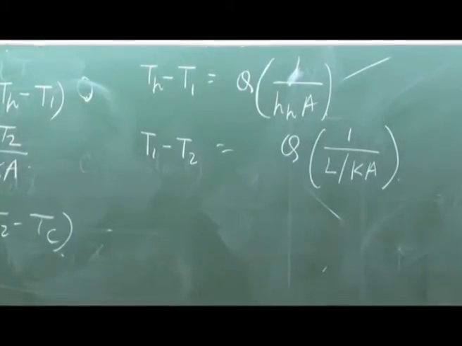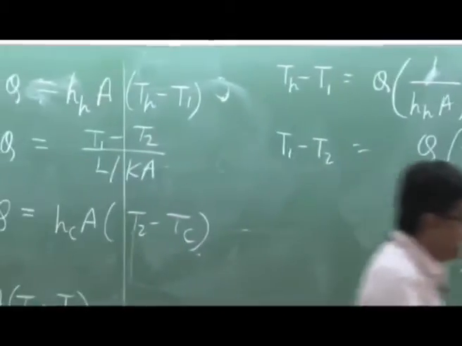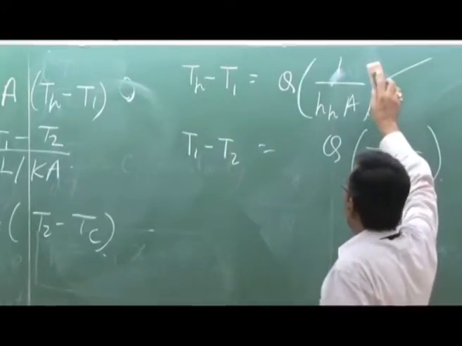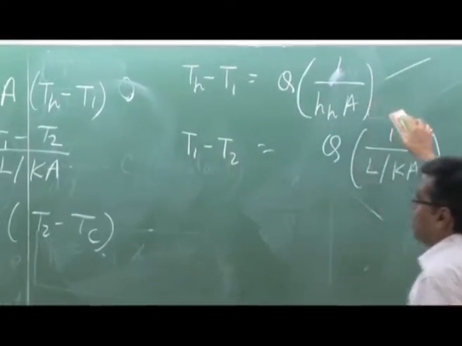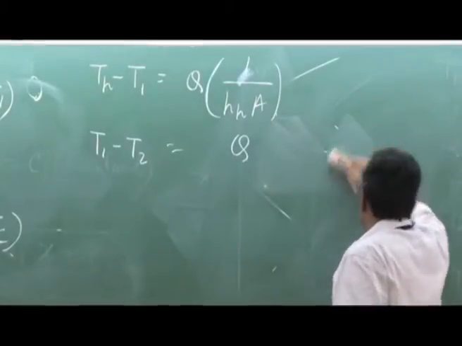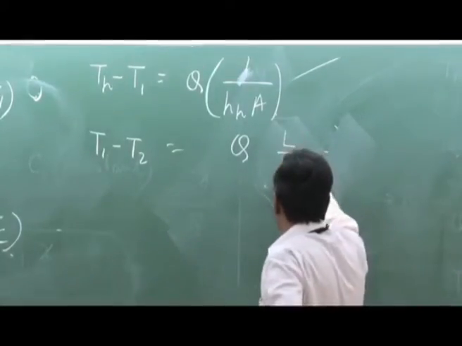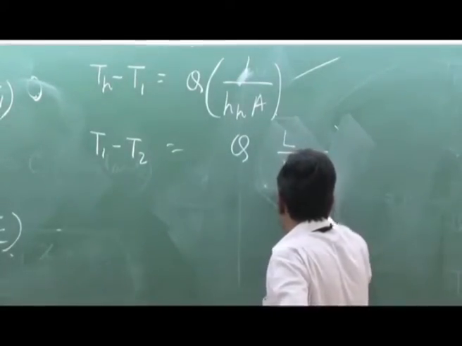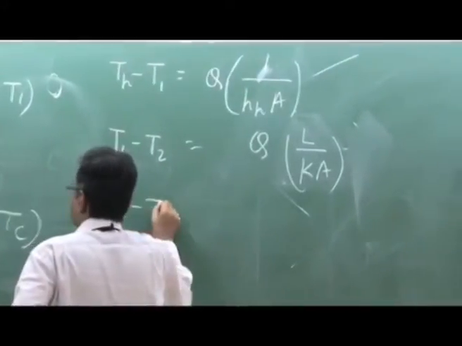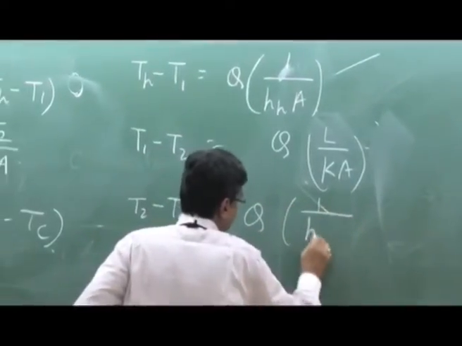Okay, it is Q into 1 by HHA, not 1 by HHA alone. I am extremely sorry. Q into 1 by HHA, it is all right. The second one is Q into L by Ka. And the third one, T2 minus Tc, is equal to Q into 1 by HCA.